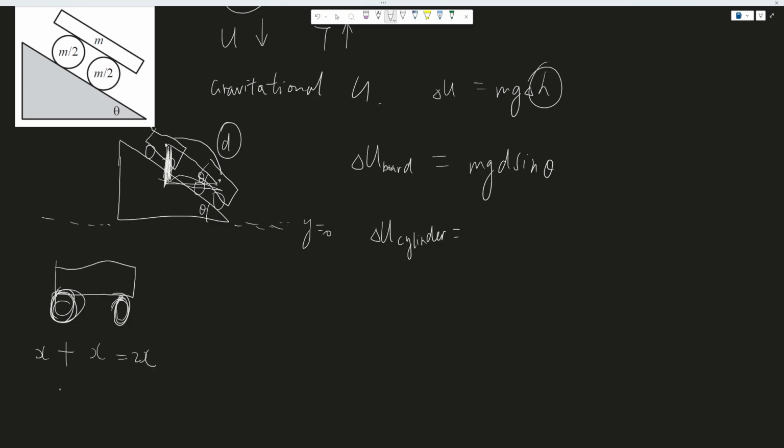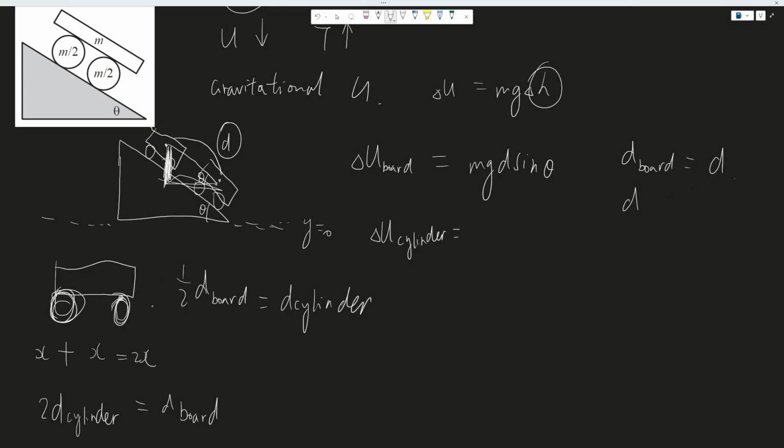So we can list out the formula that the displacement of the board is twice the displacement of the cylinder, so the displacement of the cylinder is half the displacement of the board. And here we assume that the displacement of the board equals d.